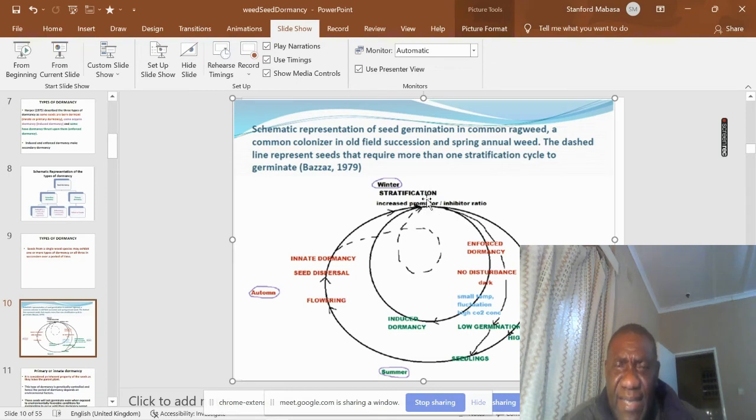Now, after stratification, you may have some seeds being forced to undergo enforced dormancy because there is no disturbance and there is no light, so they are under dark conditions. So they go into enforced dormancy.